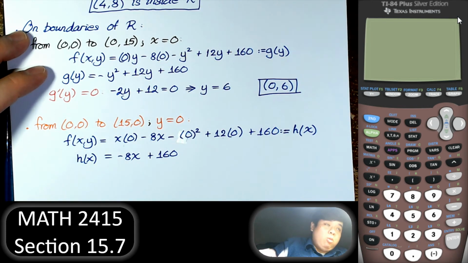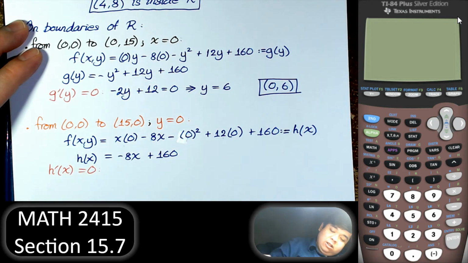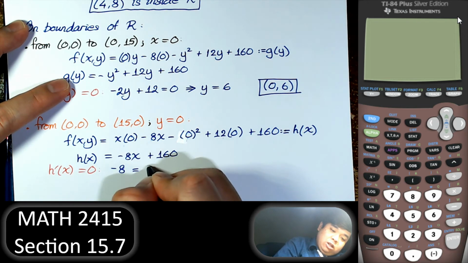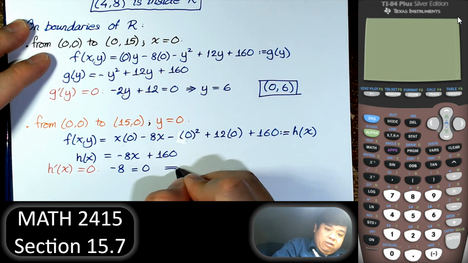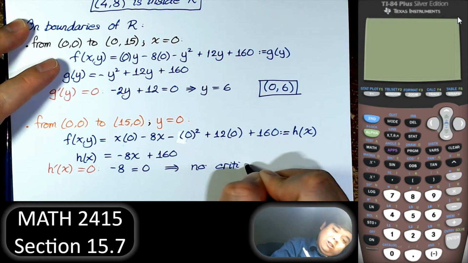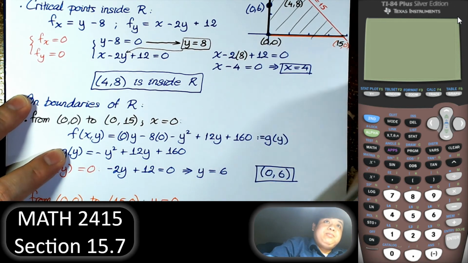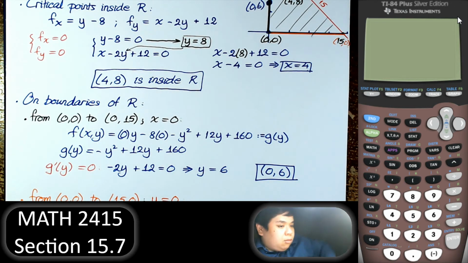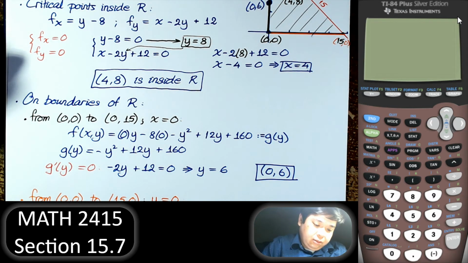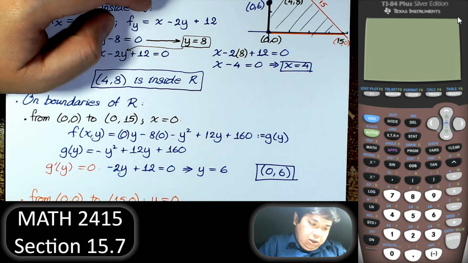And if we want a critical point, derivative equal to 0, the derivative of this is negative 8 equal to 0. So here we have none. So no critical point on that line. Yeah, so (0, 0).